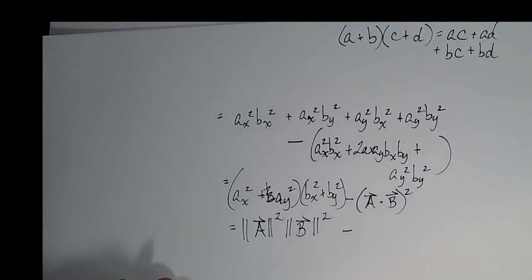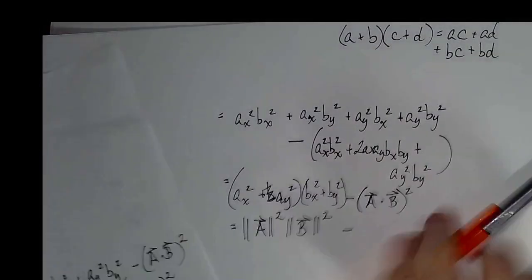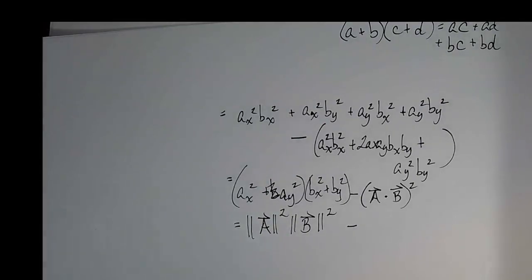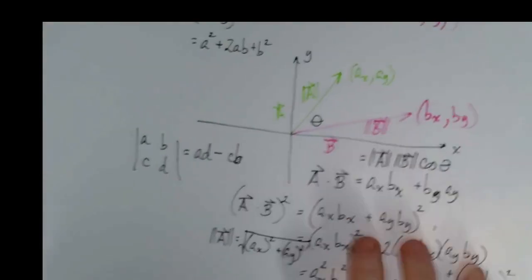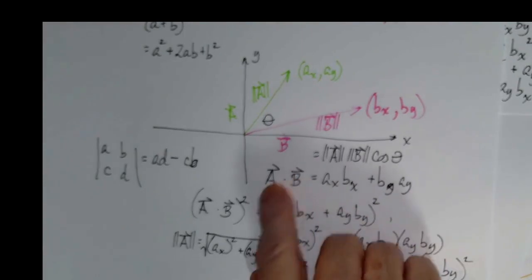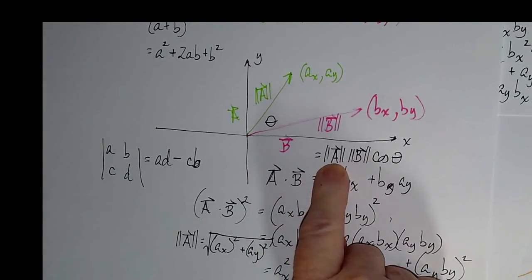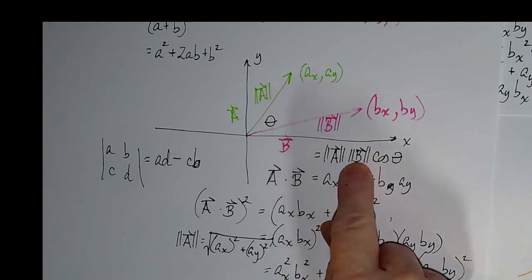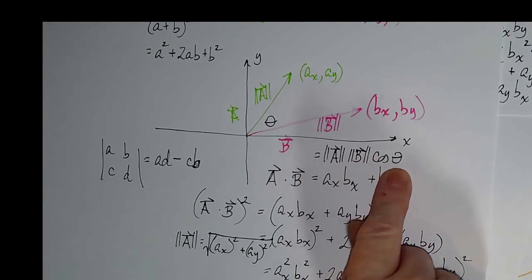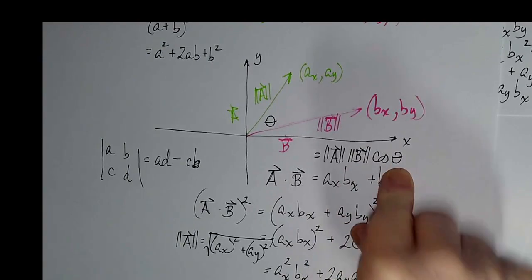And let's remember that we said that there was an additional way that we could write the dot product. We said that A dot B was the magnitude of A times the magnitude of B times the cosine of the angle between them.